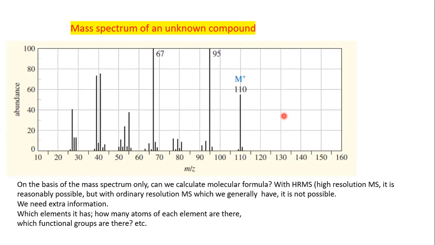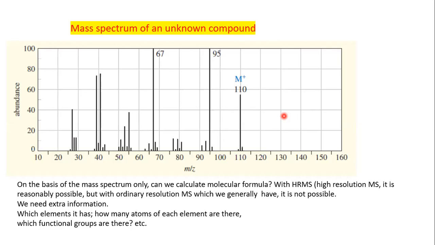But from the ordinary mass spectra that we generally have, we cannot determine the molecular formula unless we have other information with us, like what are the different elements present in this compound and how many atoms of each element are present, okay?